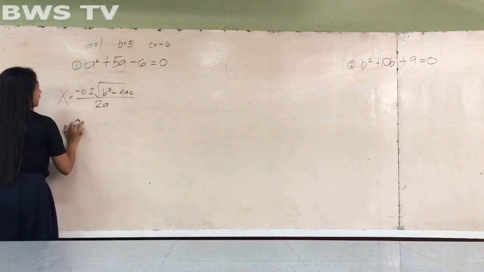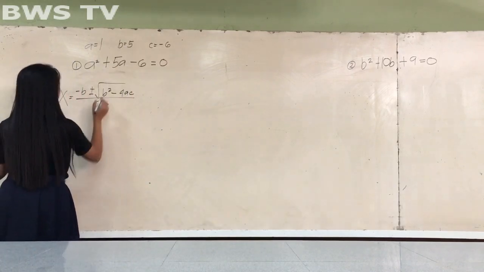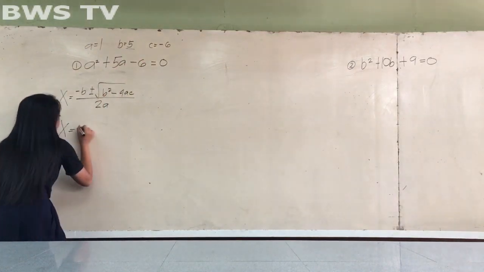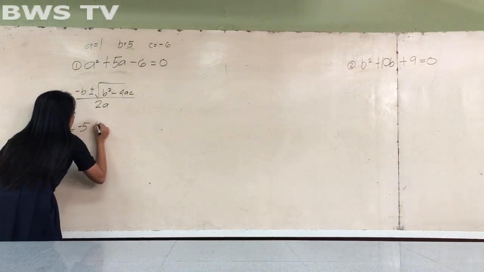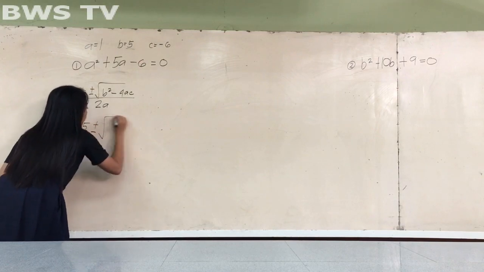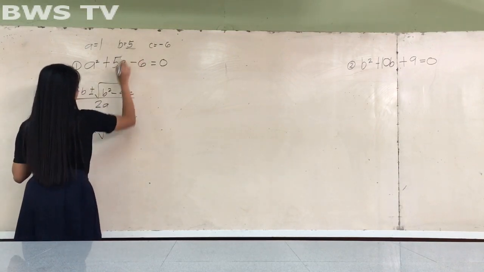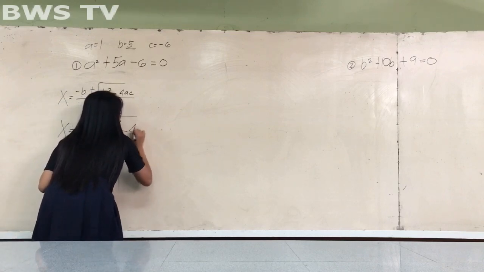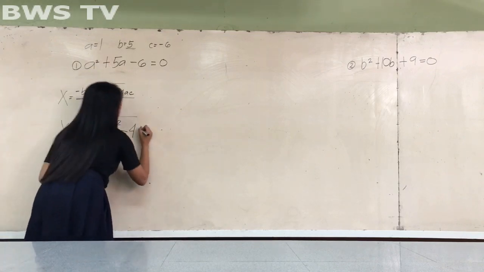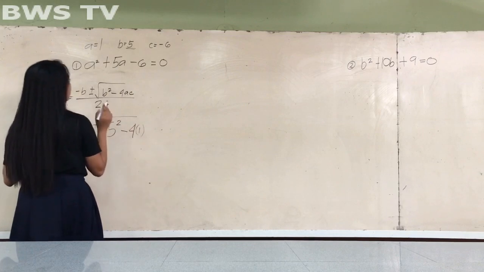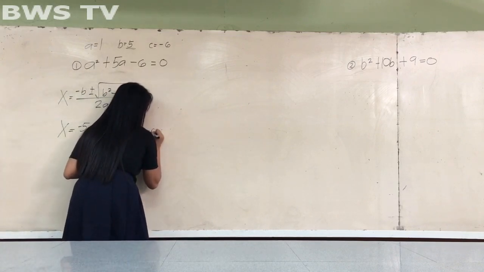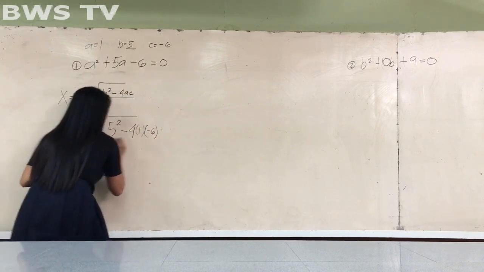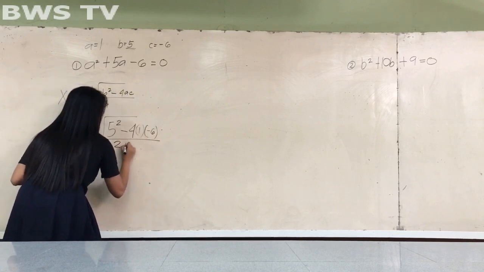We will apply this. x is equal to negative 5 plus minus square root of b squared, so 5 squared, minus 4 times 1, since 1 is a, and times negative 6, over 2 times 1.